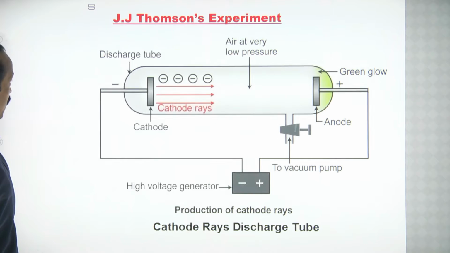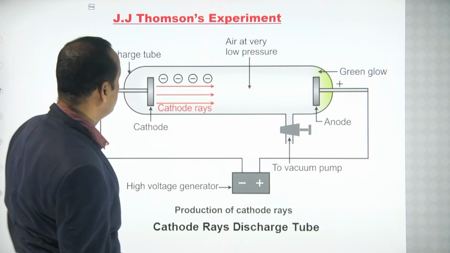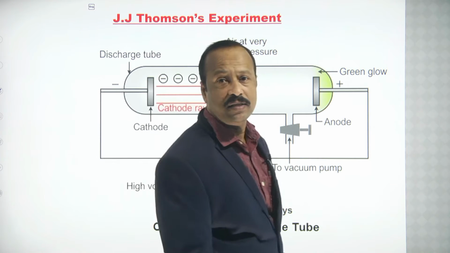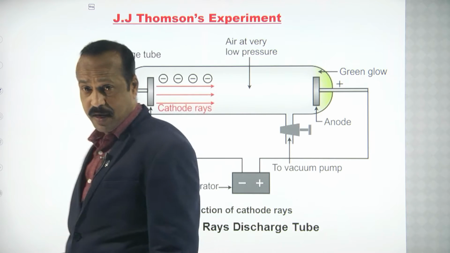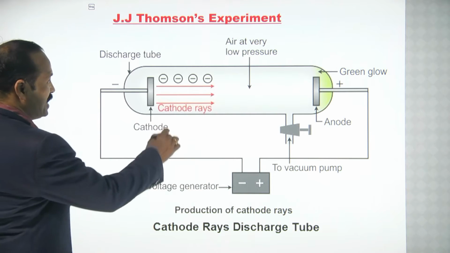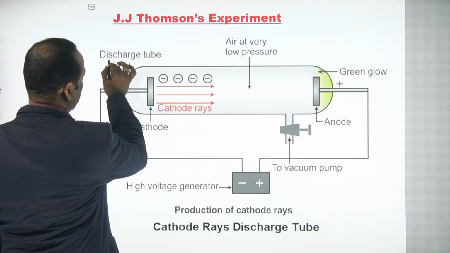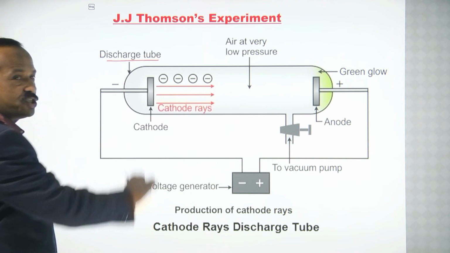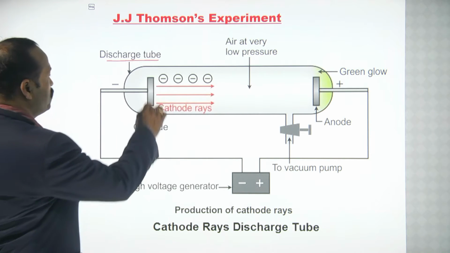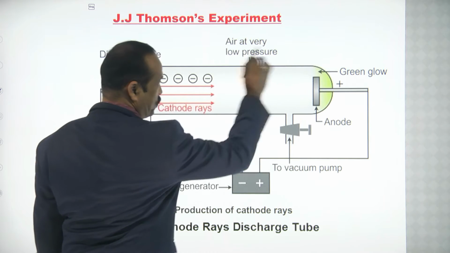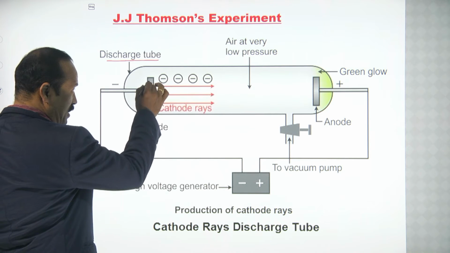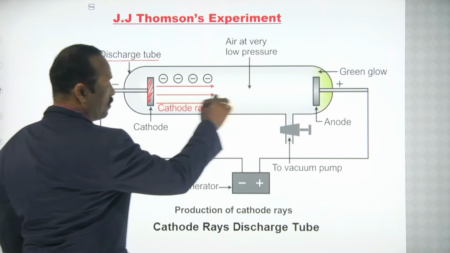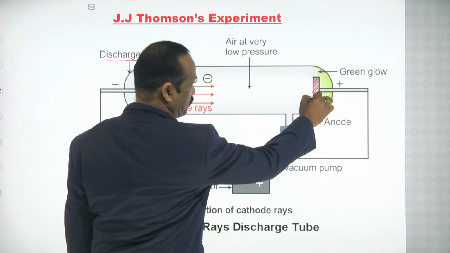Now, let us see very clearly. Here you can see, students, J.J. Thompson's experiment. As I said, this is the discharge tube. It is nothing but a small glass tube, and inside it is fitted with two metal plates, which are called electrodes.